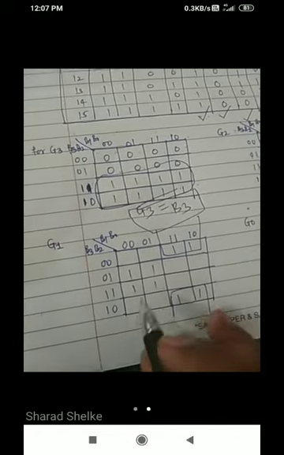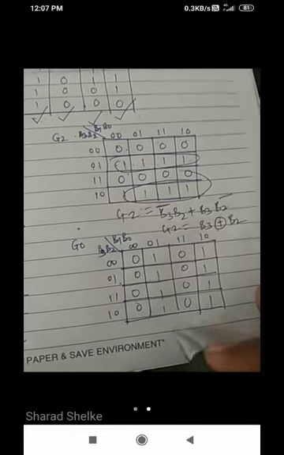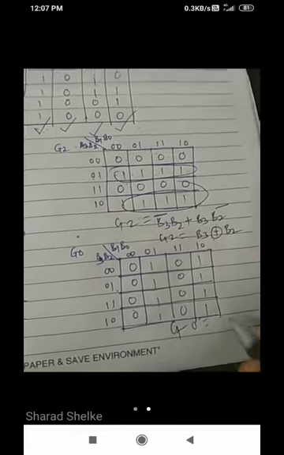Again for G1, you can draw the logic expression. G1 is equal to B1 XOR B2. Again G0 is equal to B0 XOR B1.